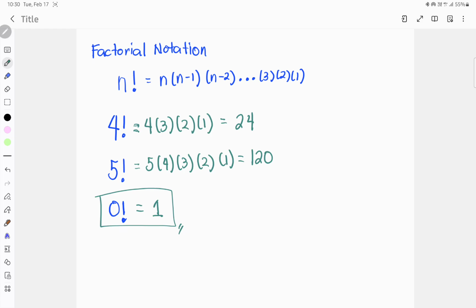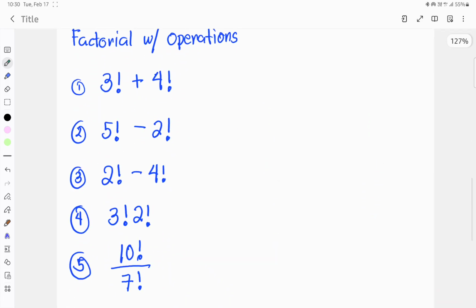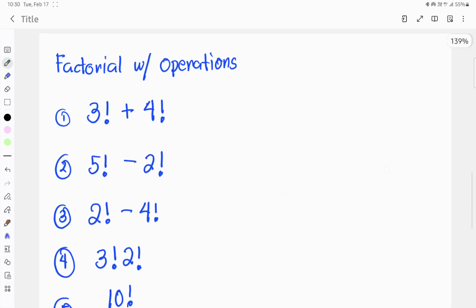So, let's have another concept related to factorial. It is factorial with operations. Let's try to answer number 1. Number 1 is 3 factorial plus 4 factorial.